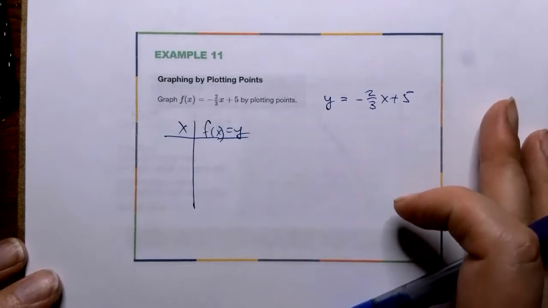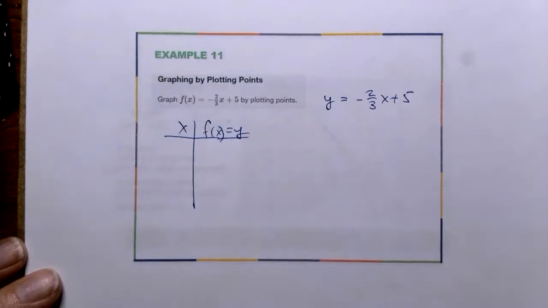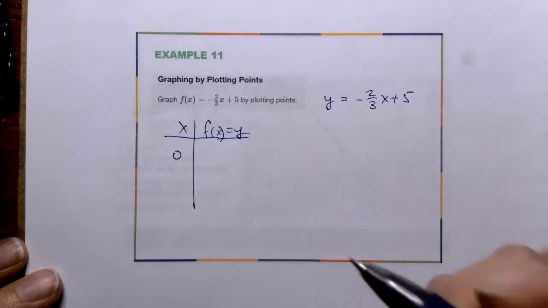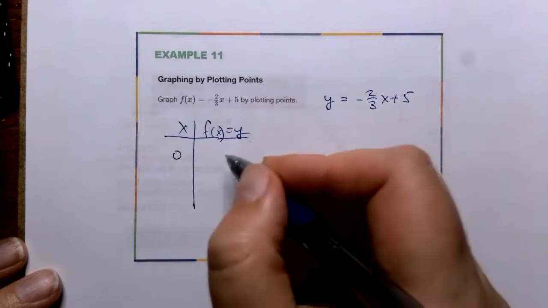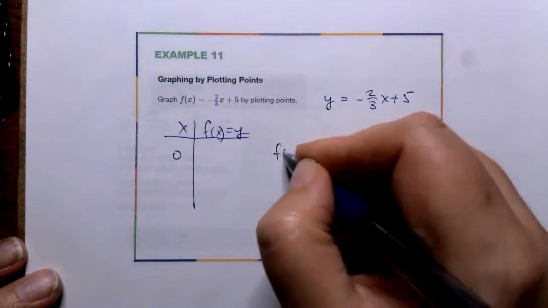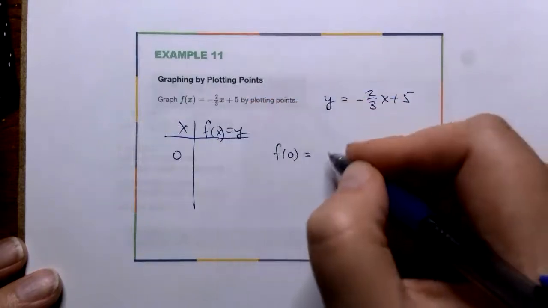As I mentioned before, 2 points define a line, so you only need 2 points, and my favorite is 0 for the x value. That will give me my y-intercept, and f of 0 is, here's the rule, right?